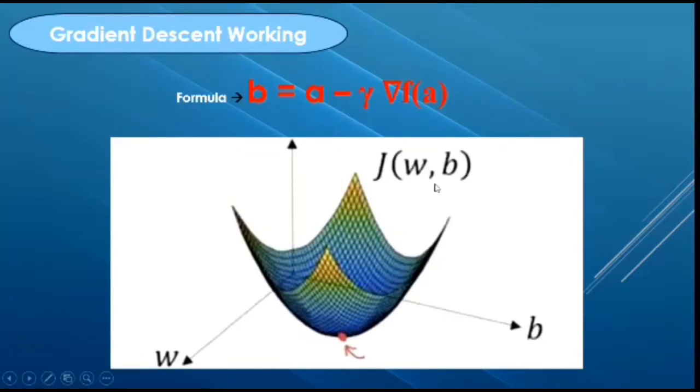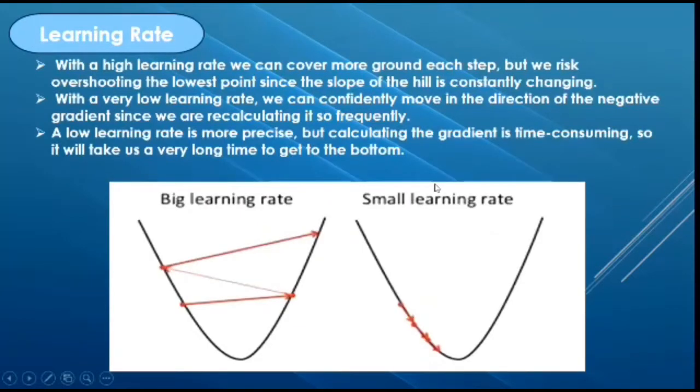Now let's understand the importance of learning rate. When the ball is running down the hill, the speed of the ball is determined by the learning rate. If the learning rate is very high or very large, then it might overshoot the global minimum. Let's take this as an example.